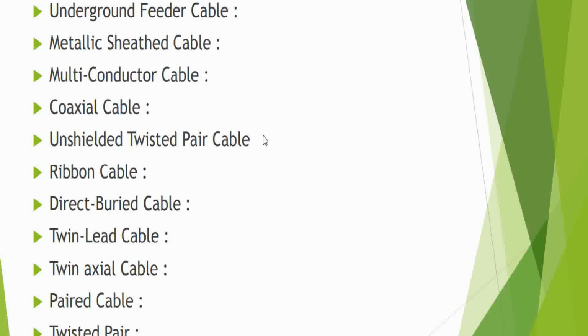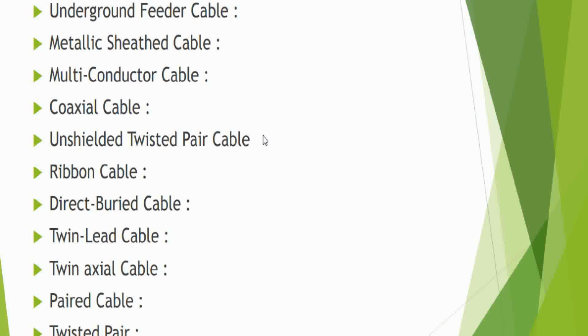Conductor size. In a cable, the conductor size is mainly based on the current carrying capacity. So according to how much current it is carrying, the size of the conductor is selected. If it is designed to carry less current, then the size will be less. If the cable is designed to carry heavy current, more current, then the size will be increased.